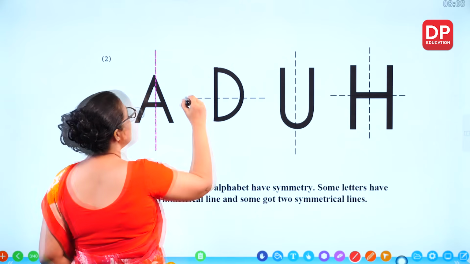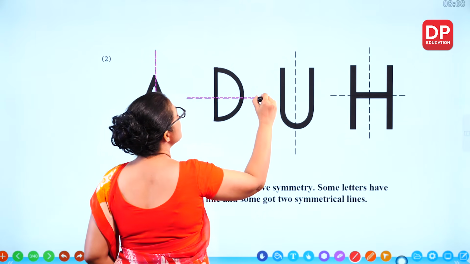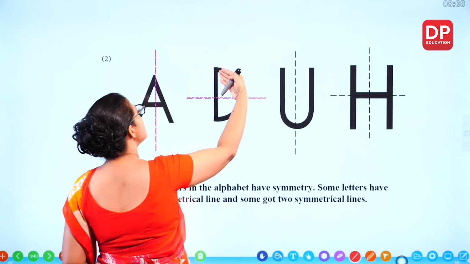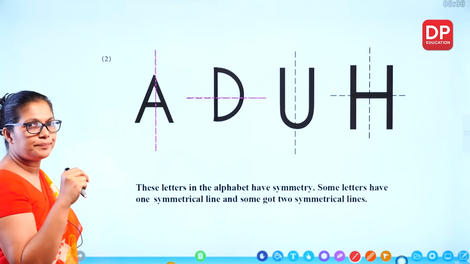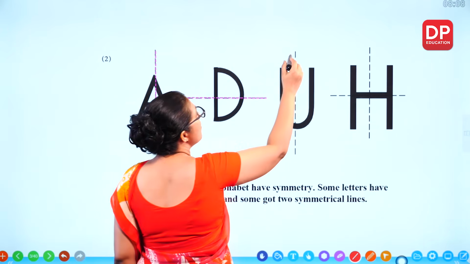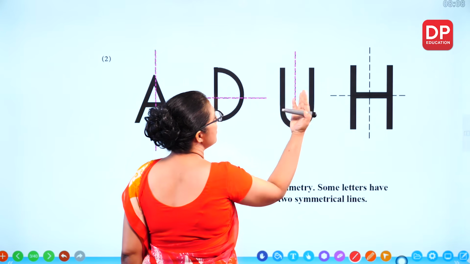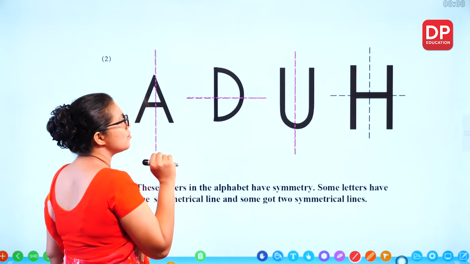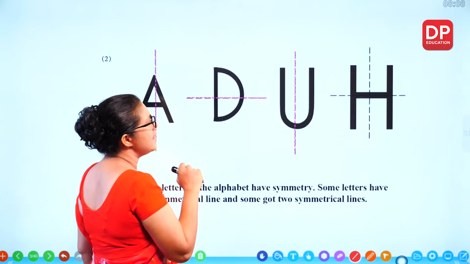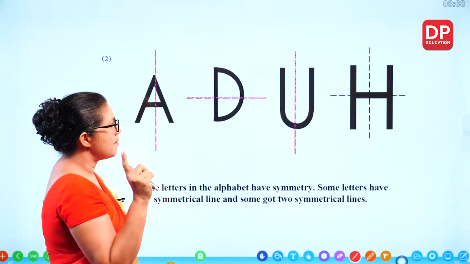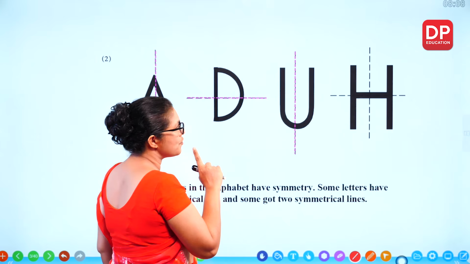D letter, when you draw a line along this way, we see this side coincides with this one. It's also bilateral symmetry. Here this side is equivalent to the other side. You get bilateral symmetry. That's one axis of symmetry.